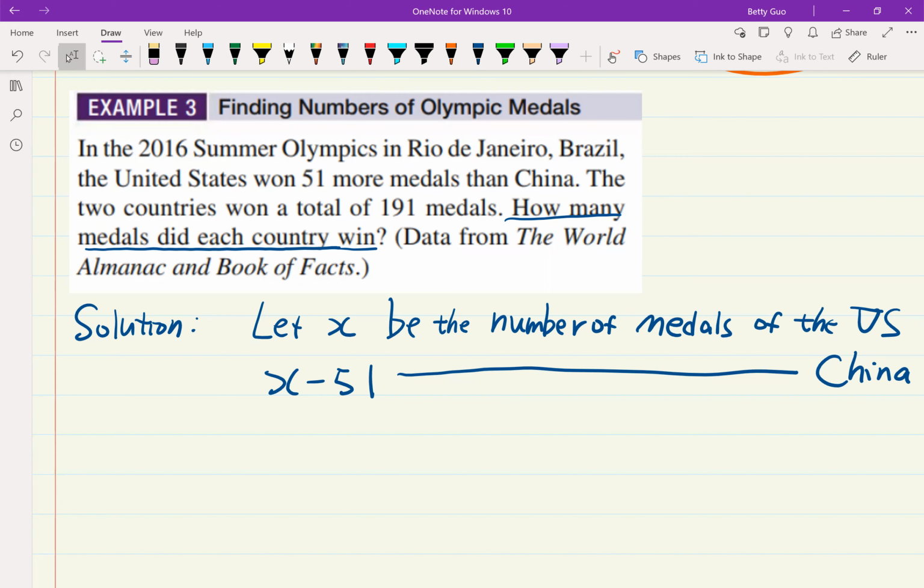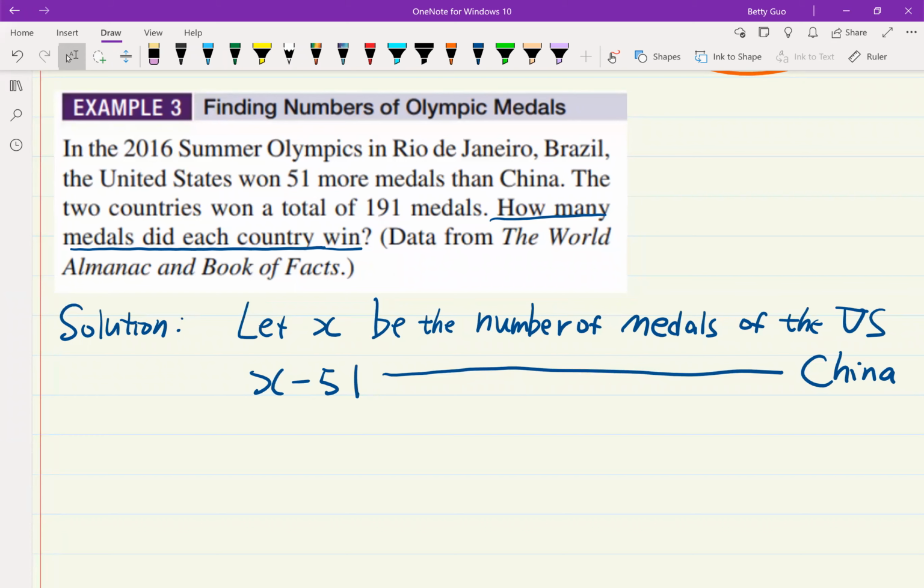So yesterday, we identified in this problem we are looking for two unknowns, right? The number of medals for US, the number of medals for China. We brought in one variable X, and we agreed we're going to let X be the number of medals of the US.